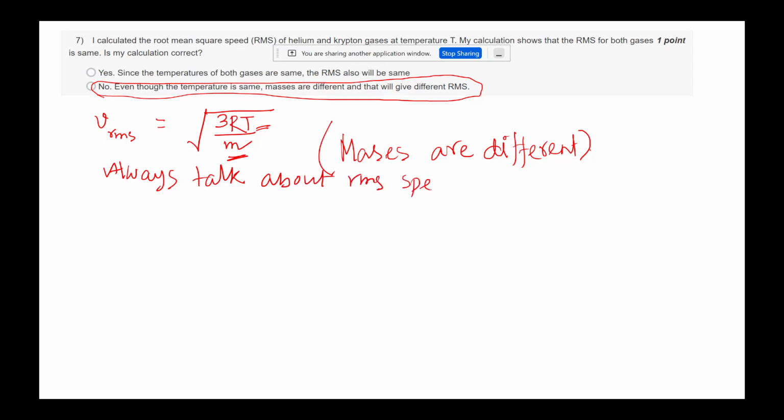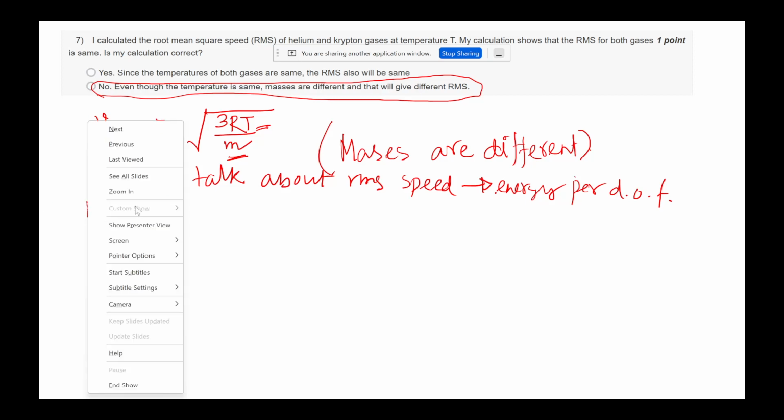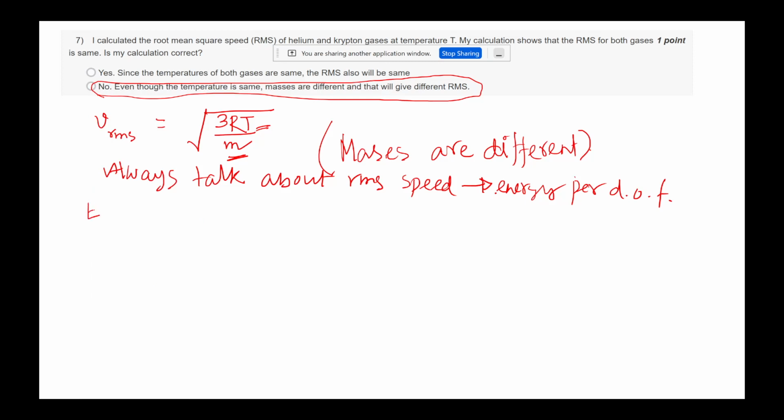RMS actually maps the energy per degree of freedom. There is a good theorem called the equipartition theorem. Have you heard about it? Yes, sir. This is called the equipartition theorem.